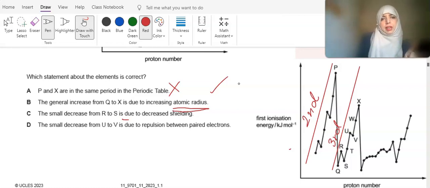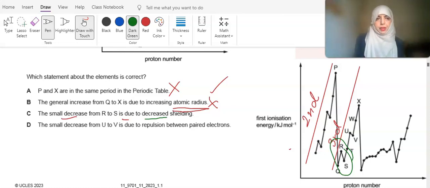The small decrease from R to S is due to decreased shielding effect. So you know this statement, there is a decrease from R to S. Yes, you can see there is a decrease from R to S. But it is not due to decreased shielding effect, it is due to increased shielding effect.